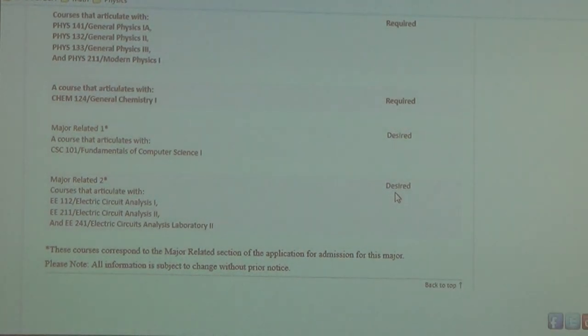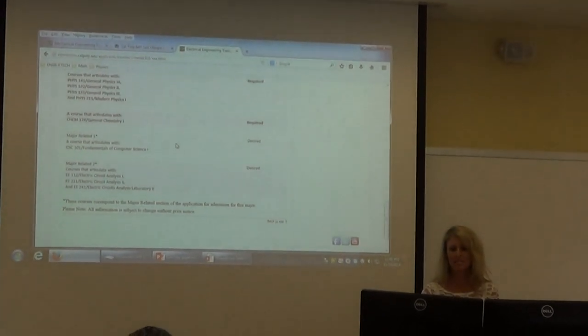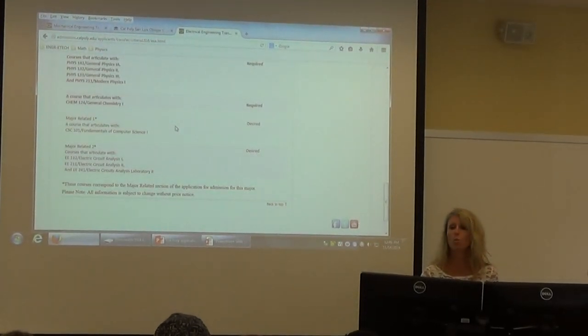So, for the fundamentals of computer science, it's looking for a course that articulates with the CSC 101. Okay? Which for you guys is the 11 or the 19. I don't think it's a typo, but I think I finished up.